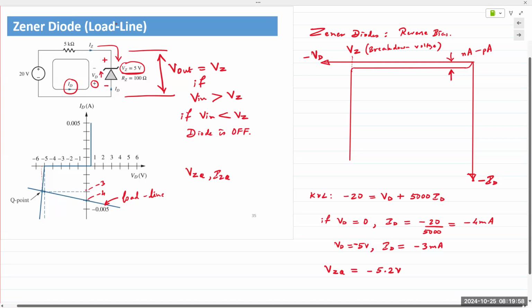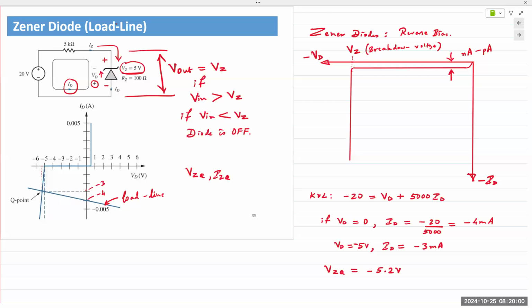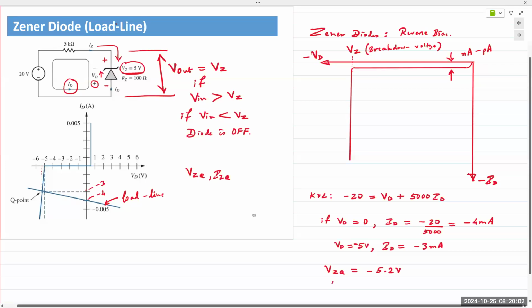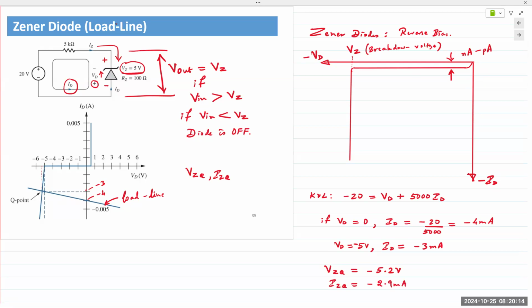So maybe around 2.9 or so. So IZQ would be minus 2.9. Okay, minus 2.9. That is the load line analysis, determining the Q points of the Zener diode using the load line analysis.